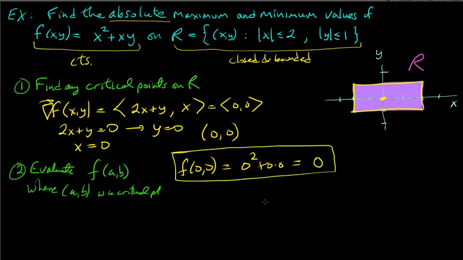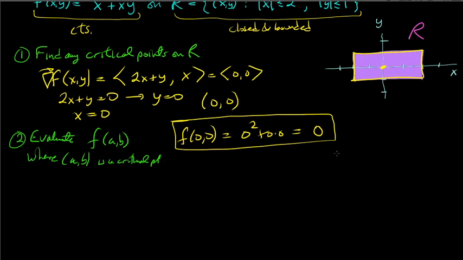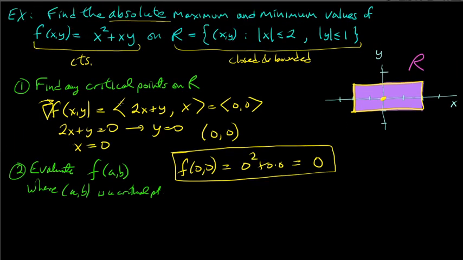Hold on to that. We have no idea whether this is a minimum or a maximum, or neither, because we're not done yet. Finding the critical points and plugging them into the original function just gives us the z value, so z equals 0 at 0, 0.